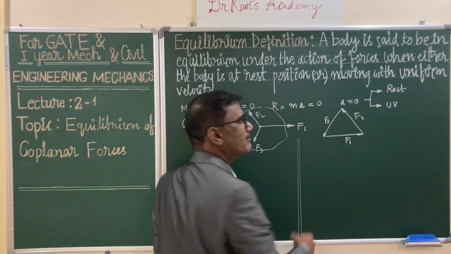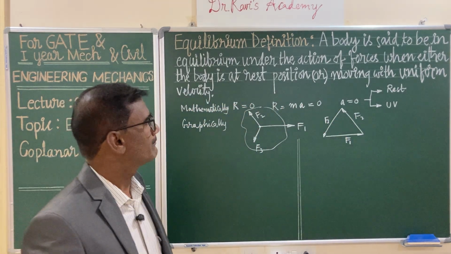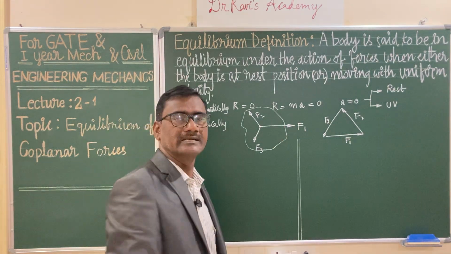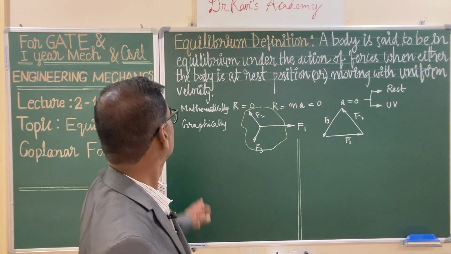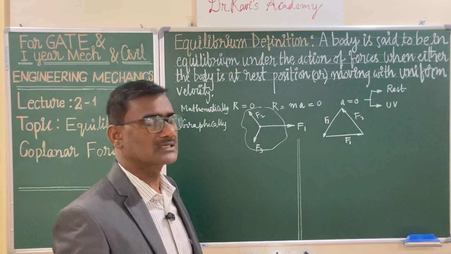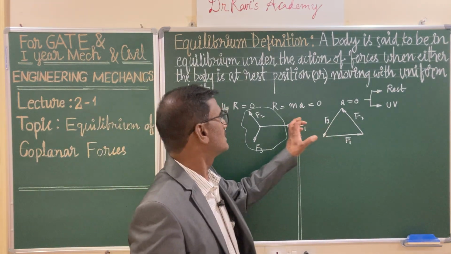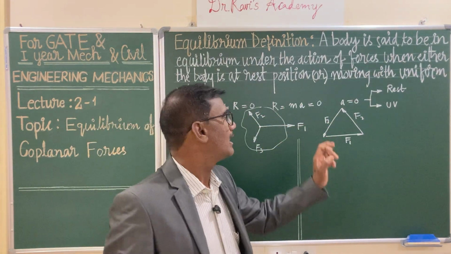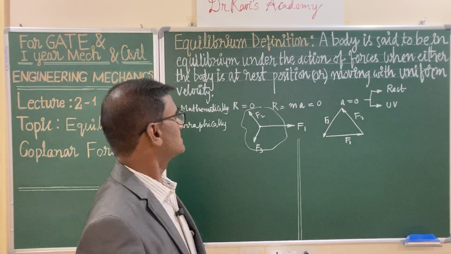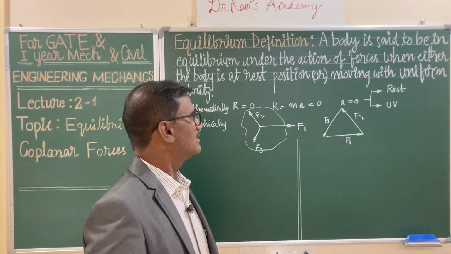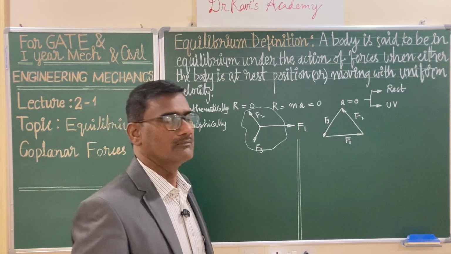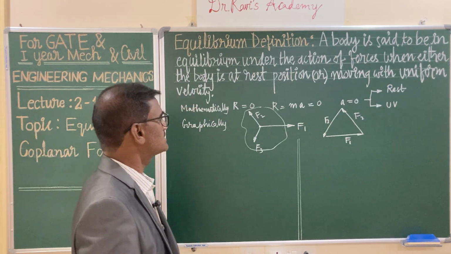It is going to form a closed polygon by virtue of their magnitudes and directions. That is exactly what you can state graphically: it is going to form a closed polygon, then the resultant is 0, and that means the equilibriant is 0.